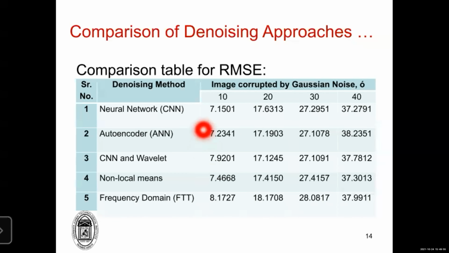So we find that here CNN is giving a better result as compared to other techniques. Even for noise variance 40, 37.227, 38.223, 37.78. So we find that CNN is giving a better result for RMSE. Here the value should be minimum.